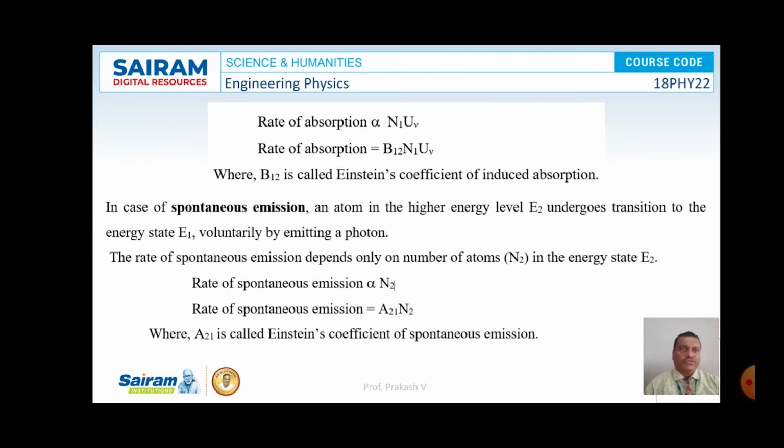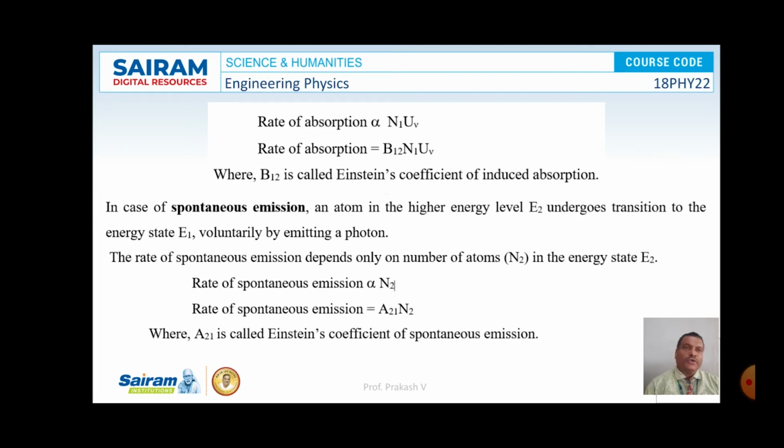The rate of induced absorption is proportional to the number of atoms at E1 level and the energy density of the incident photon. Therefore, the rate of induced absorption is equal to B12 N1 U mu. Here B12 is a proportionality constant known as Einstein's coefficient of induced absorption.